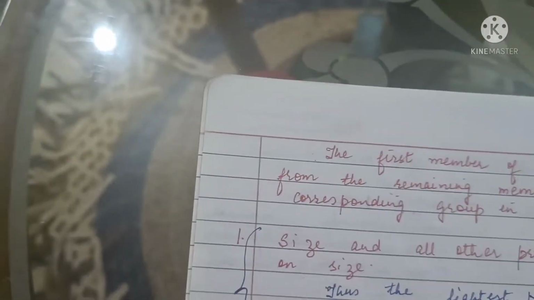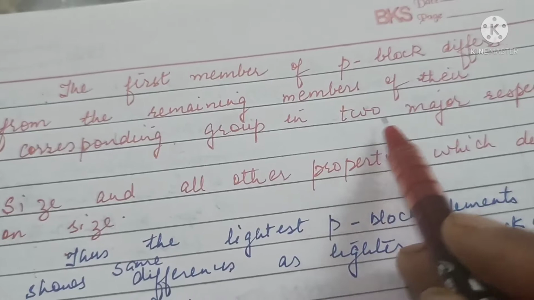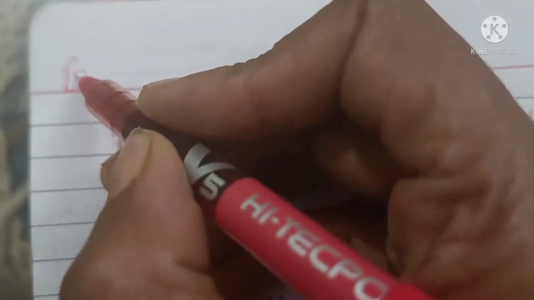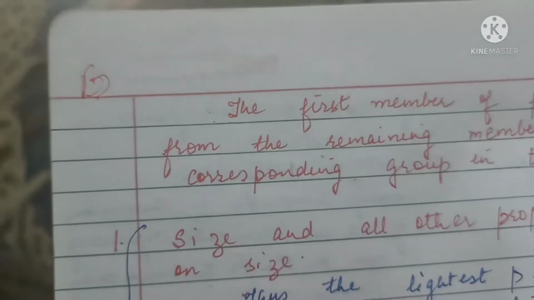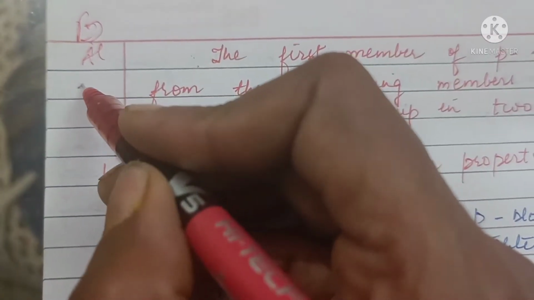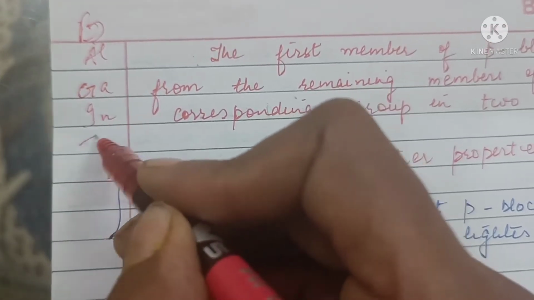The first member of the p-block differs from the remaining members of their corresponding group in two major respects. For example, in group 13, the first member is boron. It differs from the rest of the elements of this group: aluminium, gallium, indium, thallium.